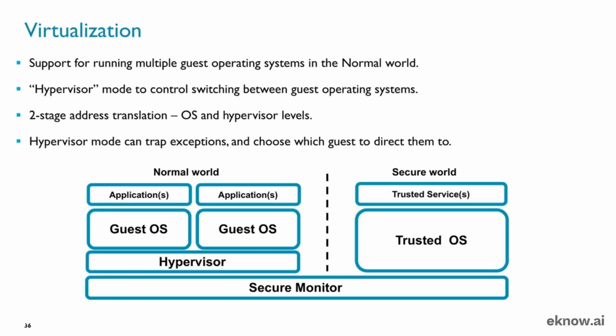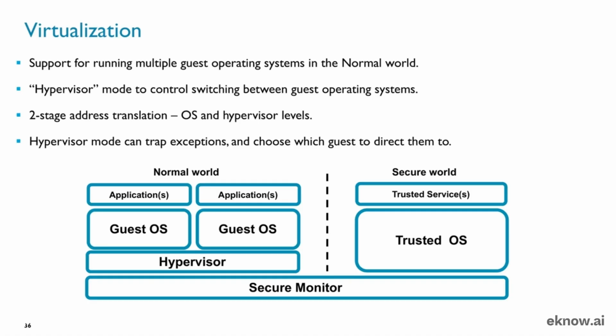Building upon the security features of TrustZone, ARM processors also include extensions for virtualization. The core idea behind virtualization is to support running multiple guest operating systems on a single processor, all at the same time. Think of it like running both Windows and Linux on your laptop simultaneously, but here we're doing it on an embedded ARM chip.